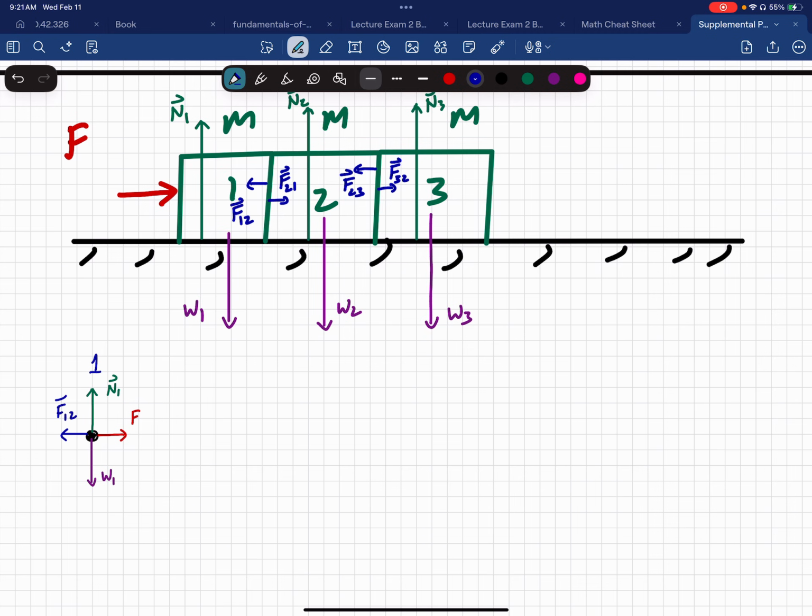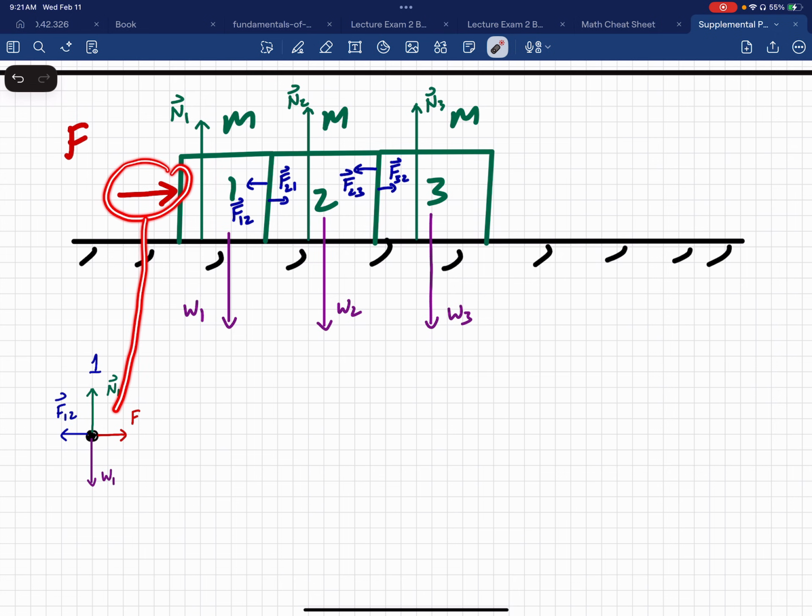If you have just noticed what I have done, I have basically taken this force and just put it like this. There's no harm, because you need to understand that applying the force on this side or on the other side doesn't change anything.